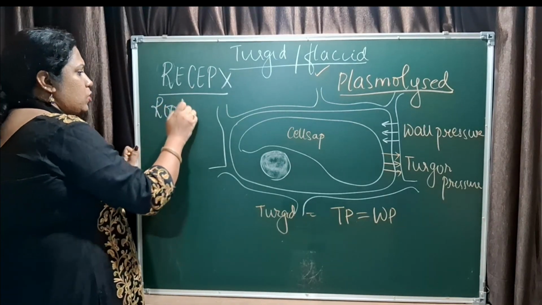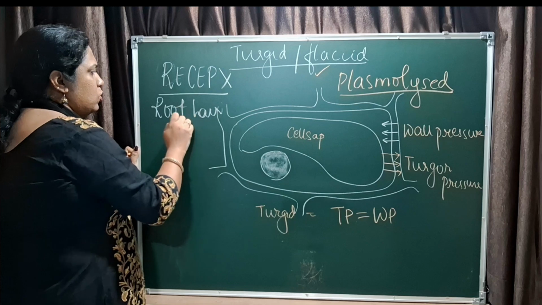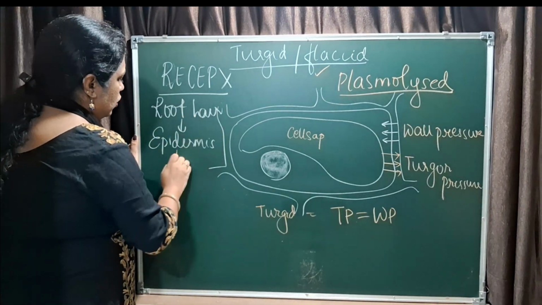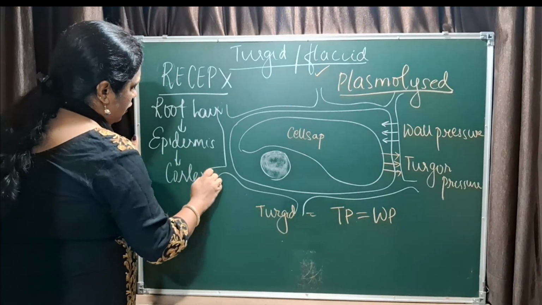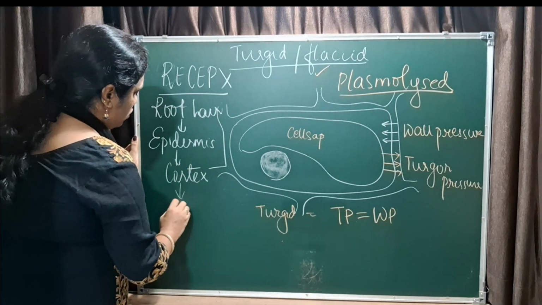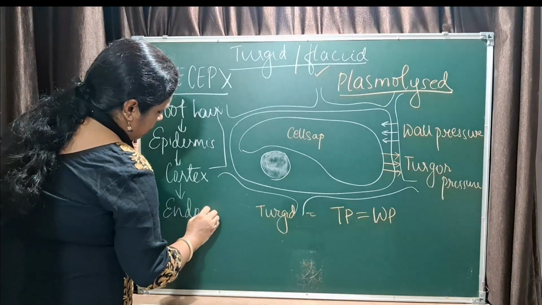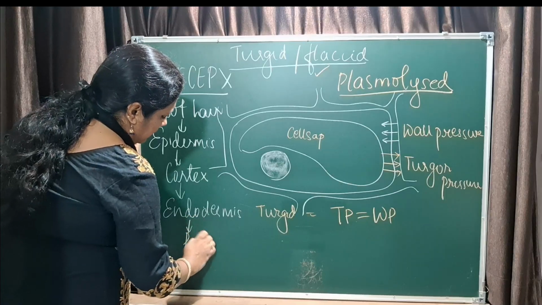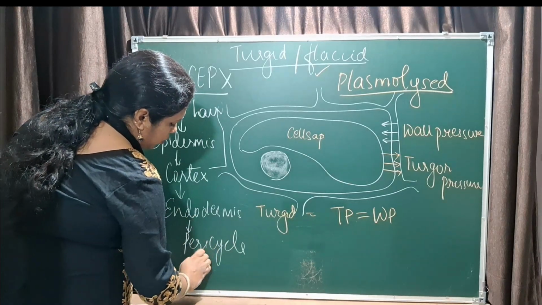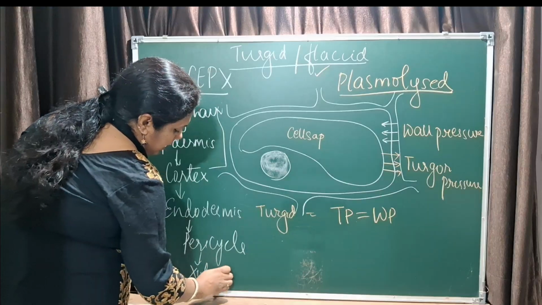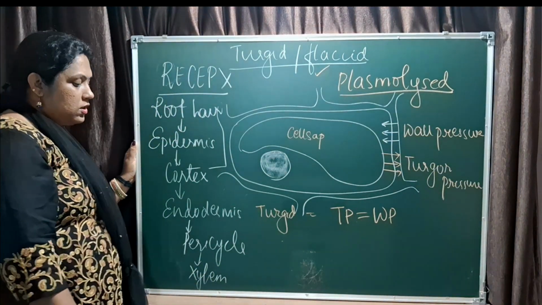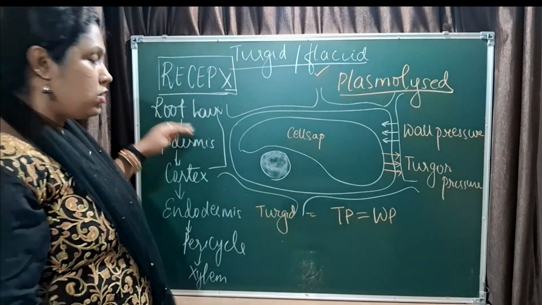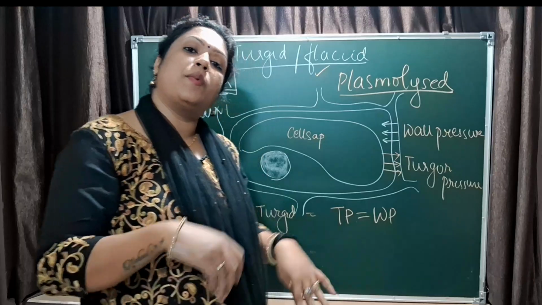Now water moves from the root hair to the epidermis, from the epidermis to the cortex cells, from the cortex cells it goes to the endodermis, from the endodermis it goes to the pericycle, from the pericycle it goes to the xylem. This is asked in the examination to arrange in logical sequence. So, remember RECPEX, X is xylem. Okay. This is the order in which the water is absorbed by the root hair.